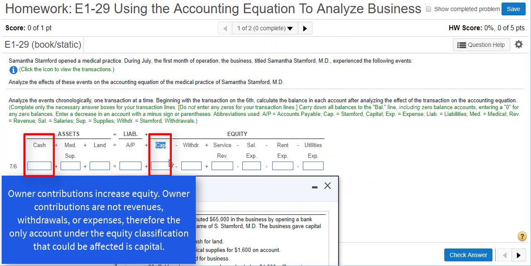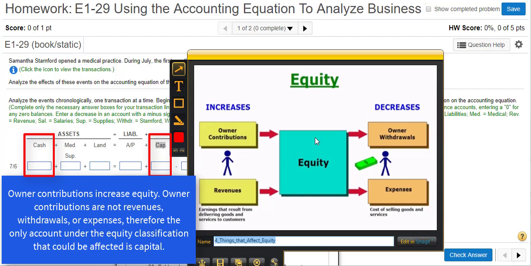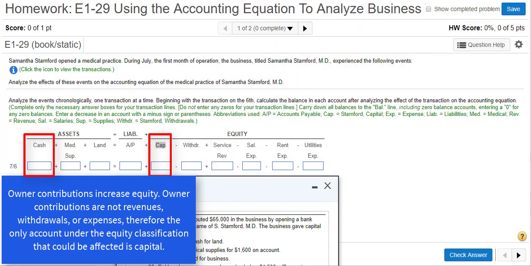Why do we know it goes in one of these equity accounts? Because remember, owner contributions affect equity. And by definition, an owner contribution is not a revenue. It's not a draw, also known as a withdrawal. It's not an expense. So we're going to have to put the owner contributions directly into the capital account.